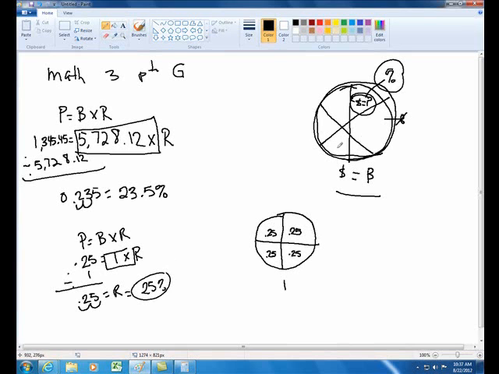Always, if you are not sure if you're working it the right way, do it with something you already know. You know that 0.25 is 25%. You know that if you have 25 cents, you have 4 quarters, that makes $1.